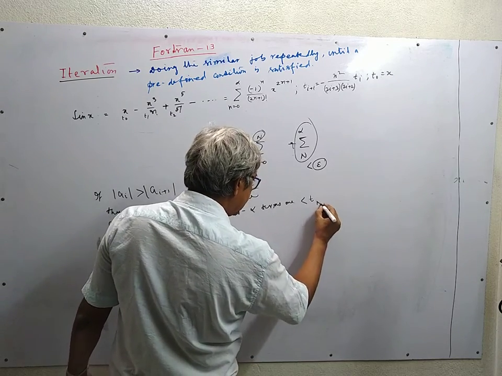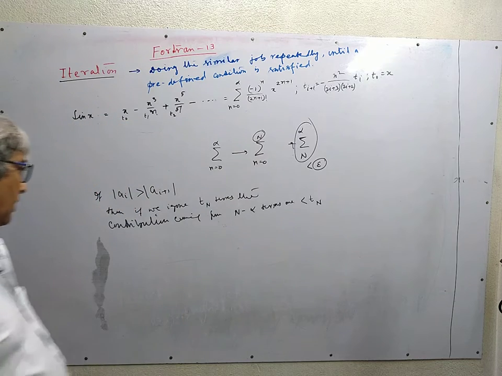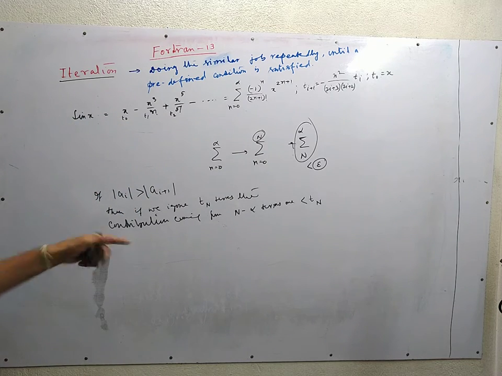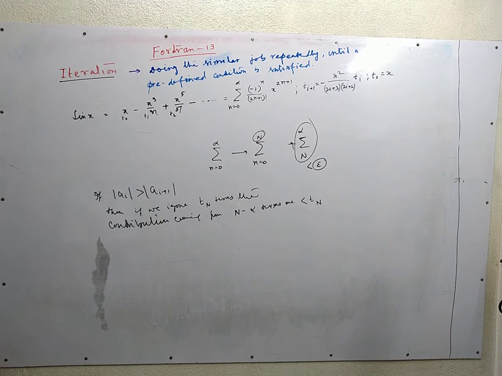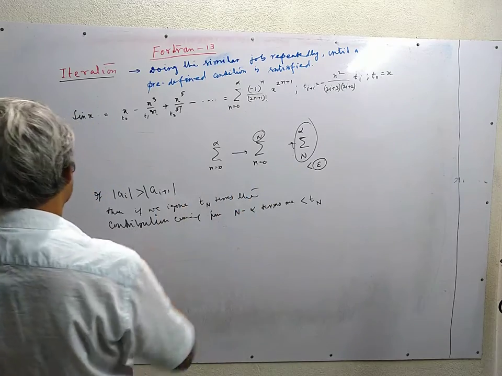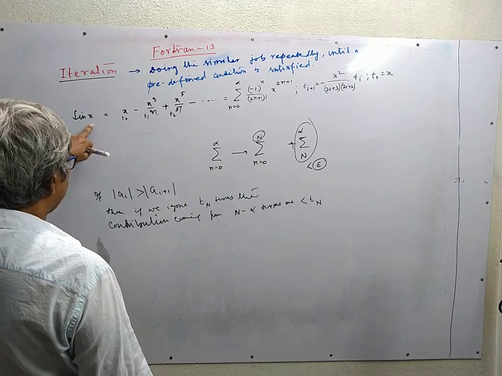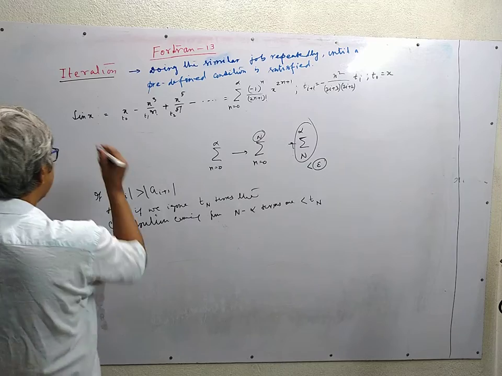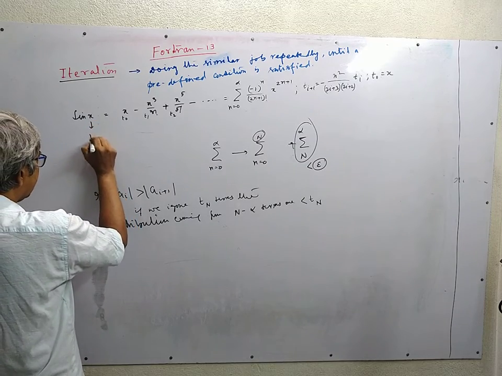This is a theorem in infinite series. So we shall capitalize on this theorem, and we shall go on increasing the value of n until this condition is satisfied. The one restriction is that x must be in radian.